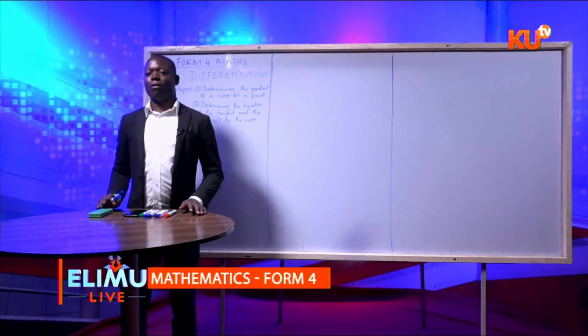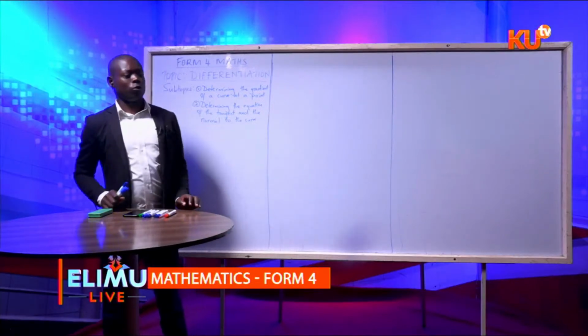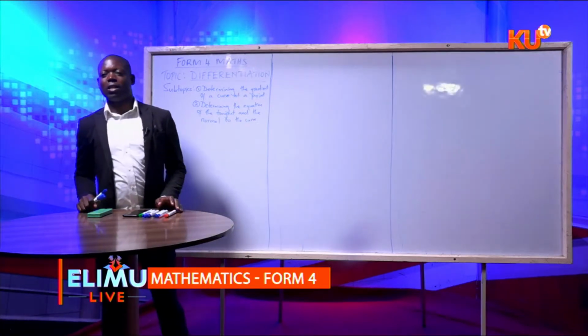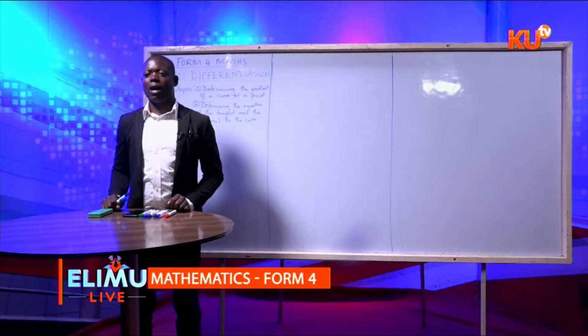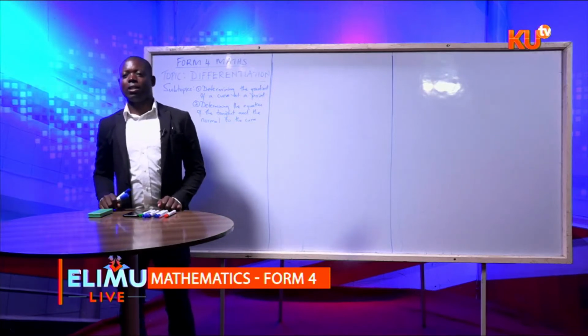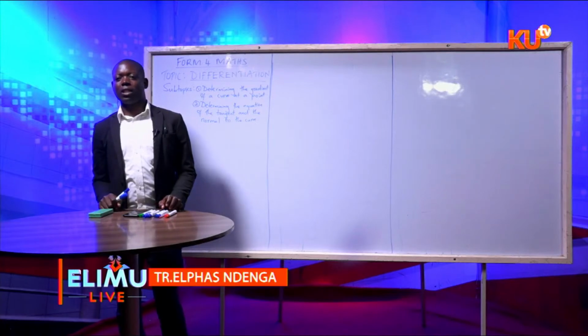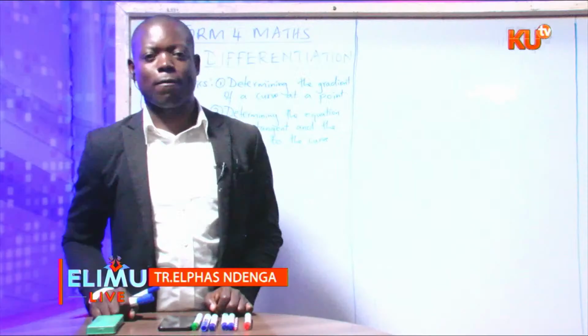Therefore, by the end of today's lesson, we should have looked at the two areas: determination of gradient of a curve at a point and the determination of the equation of the tangent and the normal to the curve.